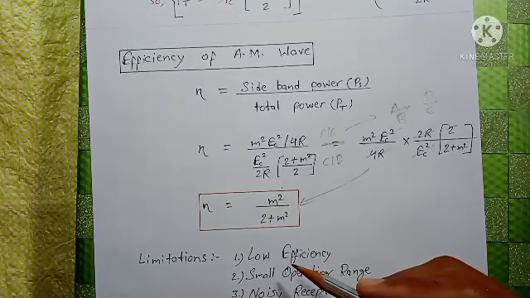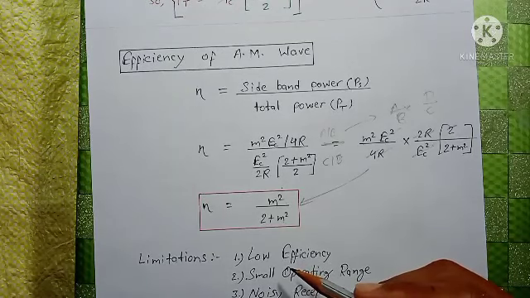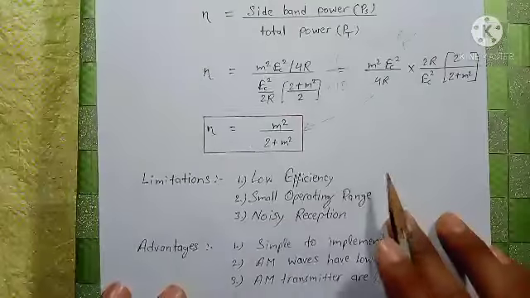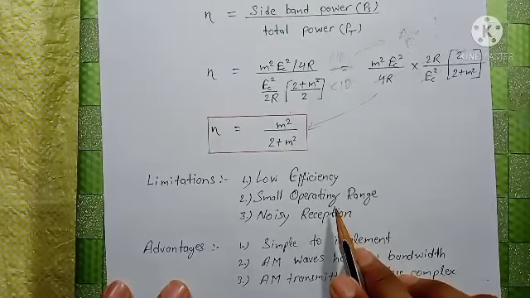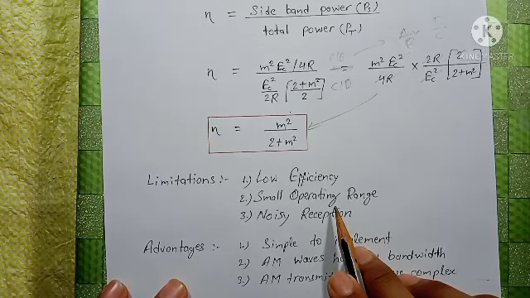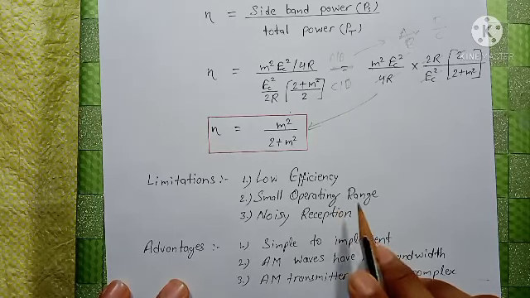Now we will see the limitations, advantages and uses of AM wave. The AM wave is used in radio broadcasting and in television transmission. It is used for the picture signal.